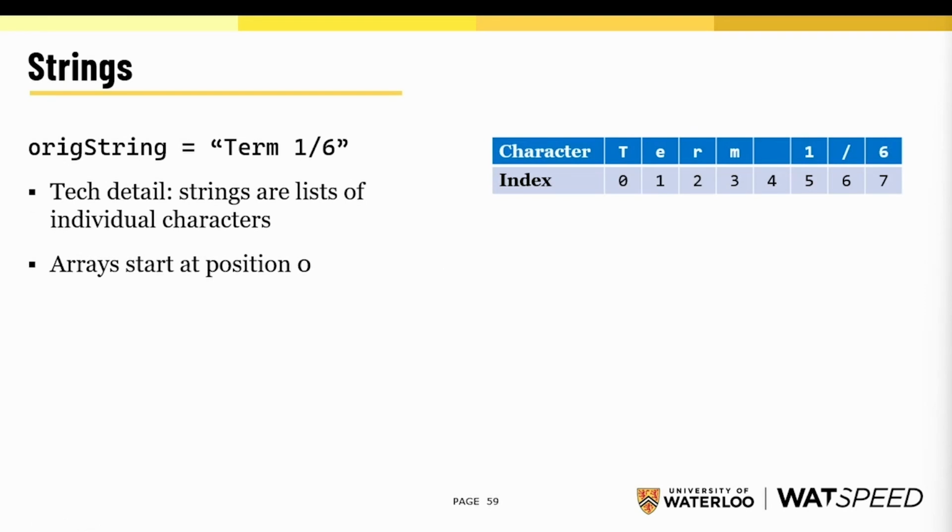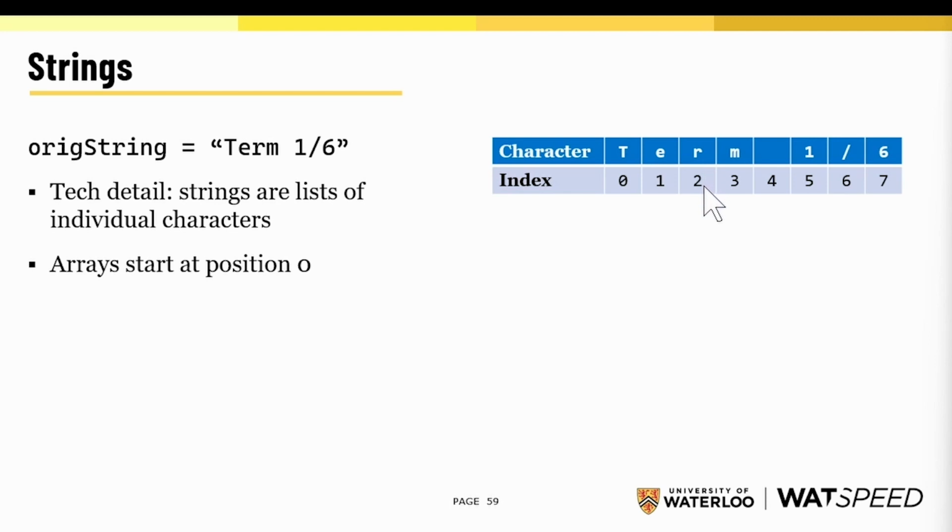On a technical level, all a string is an ordered list of individual characters. And this list starts at position 0. So the first character at position 0 is the capital T. The second character at index 1 is lowercase e.